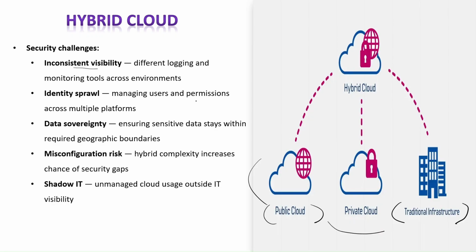Next is identity sprawl, again managing users and permissions across different environments. So you may have identity sprawl. Data sovereignty, that is ensuring data stays within the required geographic boundaries.